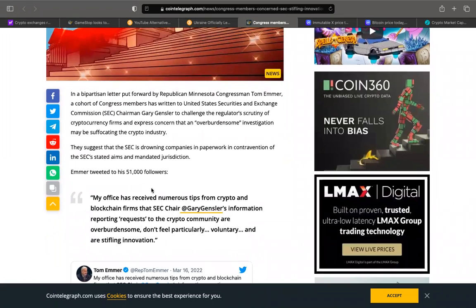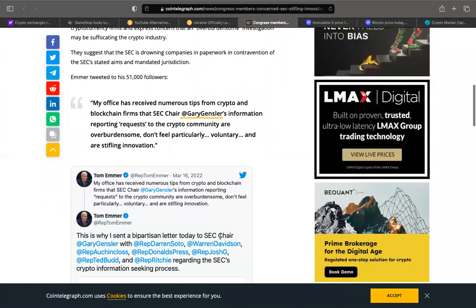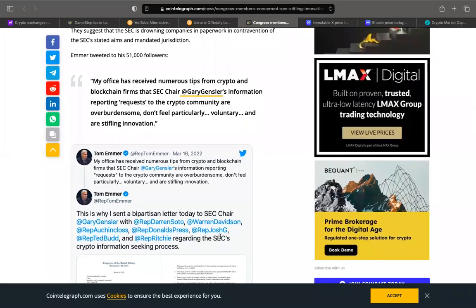"My office has received numerous tips from crypto and blockchain firms that SEC Chair Gary Gensler's information reporting requests to the crypto community are overburdensome, don't feel particularly voluntary, and are stifling innovation." So definitely holding the U.S. back, holding back investors from getting into what they want to.